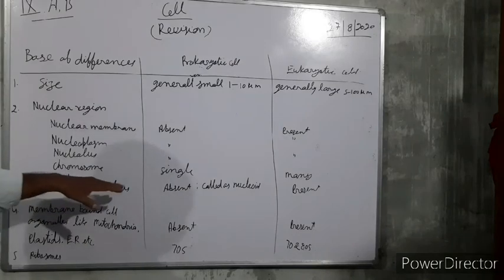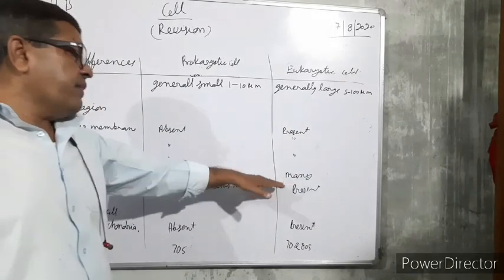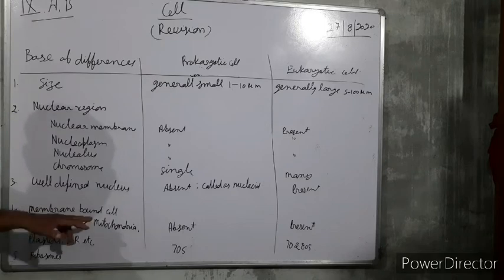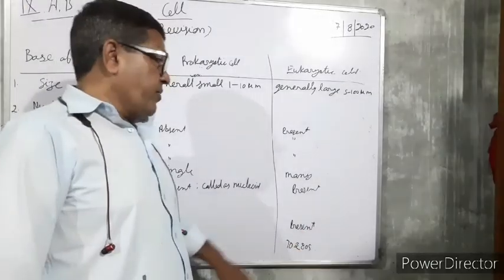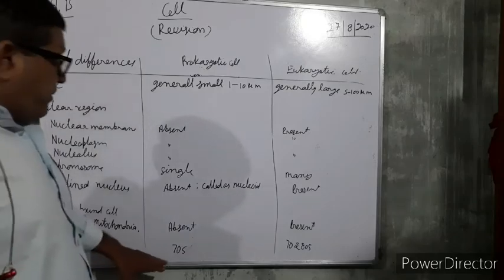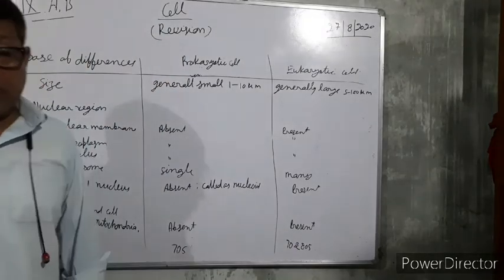Well-defined nucleus absent and called the nucleoid, but here present. Membrane-bound cell organelles like mitochondria, plastids, endoplasmic reticulum, etc. are absent here and present in the eukaryotic cell. And ribosomes are 70S type, and then both 70S and 80S type.